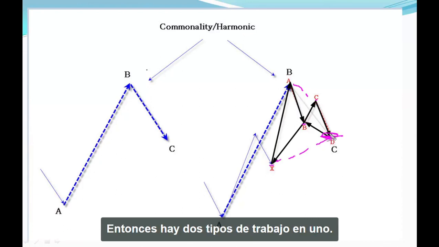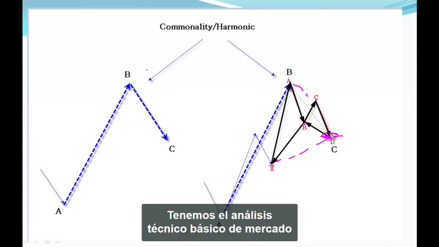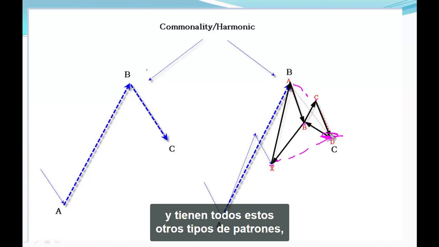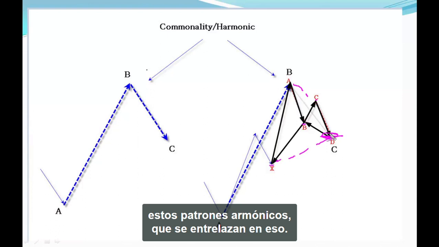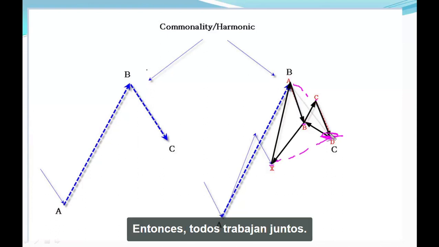So there's two types of work in one: basic market technical analysis from the early 1900s, then the Gartley and all these other harmonic patterns, which tie into that. So they all work together. A lot of it is based on the Elliott wave. If you really think about the work we've done in the past several weeks, a lot of it is based on Elliott wave due to the type of patterns that it has.